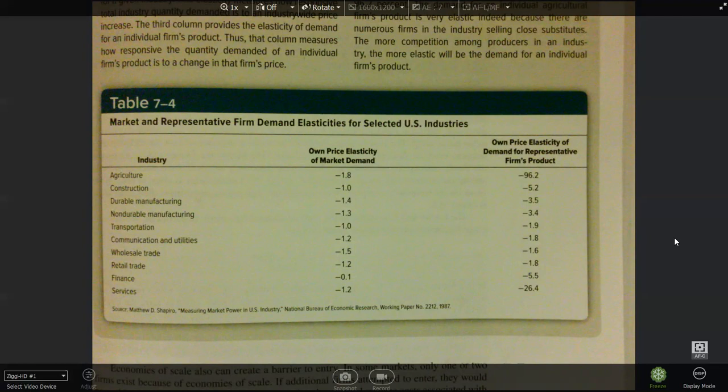The total own price elasticity for the whole market divided by your own elasticity for the firm. So the firm one goes on the denominator.